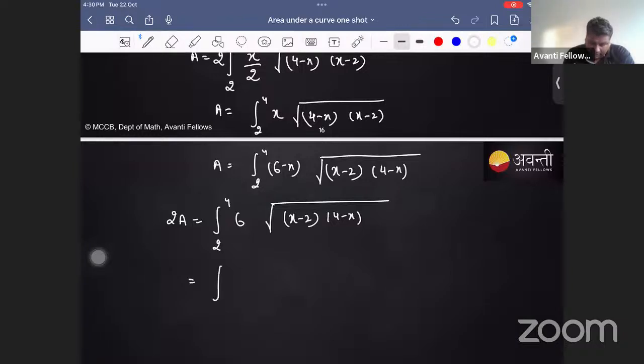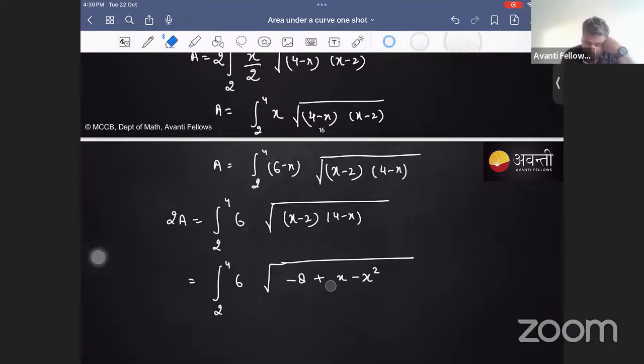So it is integral 2 to 4, 6 times under root of 4x minus 8 minus x square plus 2x. No, plus 6x, sorry.